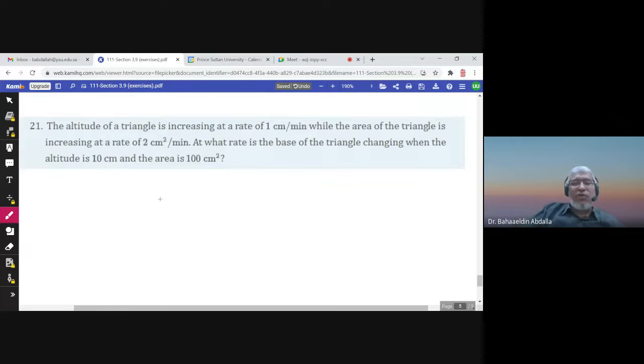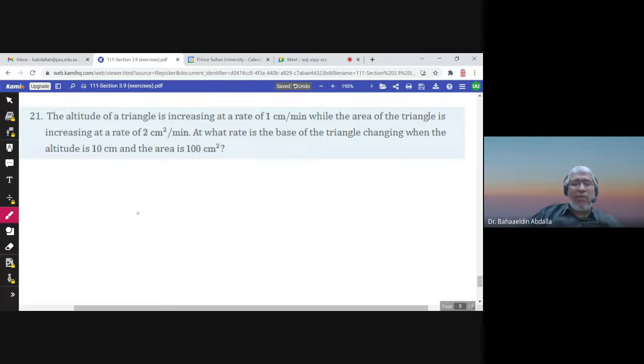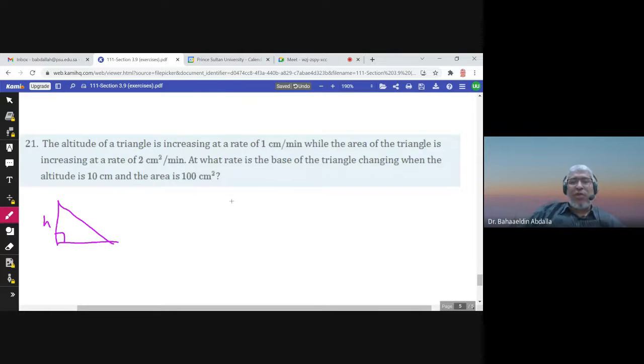The altitude of a triangle, if we have a triangle, the altitude, this is the altitude, let us call it h, is increasing at a rate of 1 centimeter per minute. So this is dh by dt, while the area of the triangle is increasing at a rate of 2 centimeters square per minute.